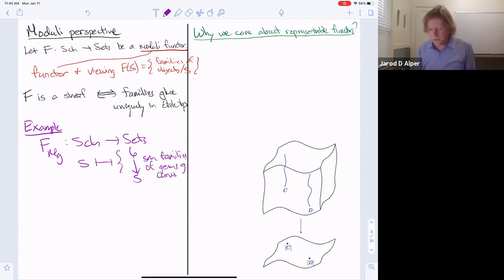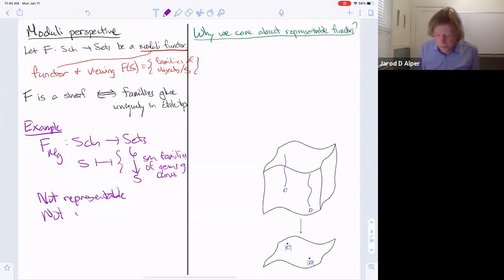So proper smooth, and every geometric fiber is a smooth connected genus G curve. And what we saw last time is that this functor is not representable. And actually, for a similar reason, it's also not a sheaf.